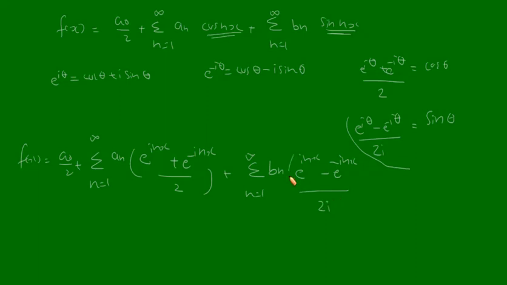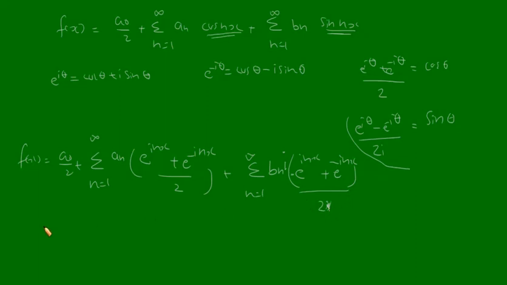Okay, now I can multiply by i and divide by i. So if I multiply by i, you have an i here. If you divide by i here, you will have i square, that will be equal to minus 1. So the minus sign will come here, and you will have a plus sign here. Okay, so I have multiplied by i and divided by i.